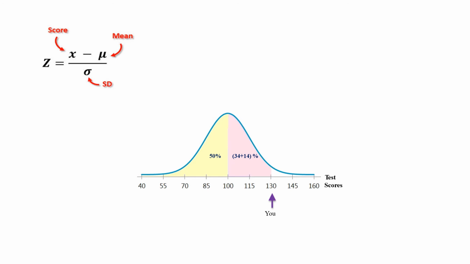So you have a raw score, you convert it into a z-score, which is influenced by the mean and the standard deviation.